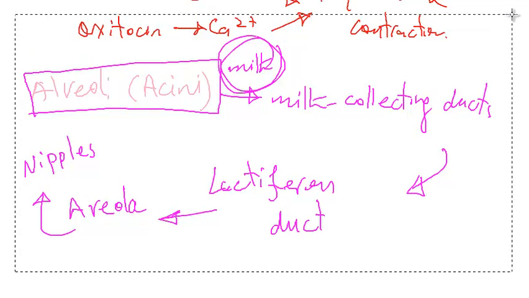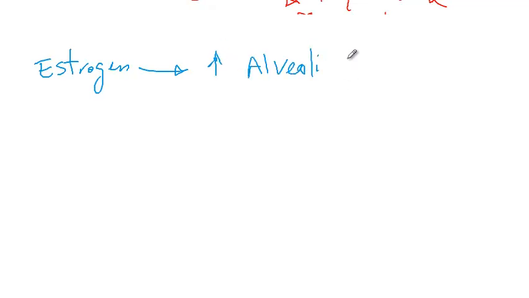All right. Now the question is, how does milk production increase during pregnancy? So under the influence of estrogen, what happens is that there is increased number of alveoli that starts to happen during puberty.